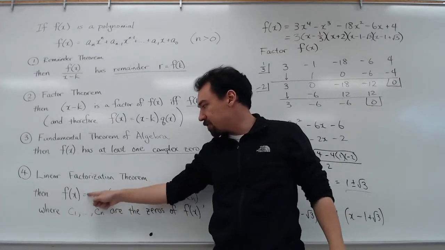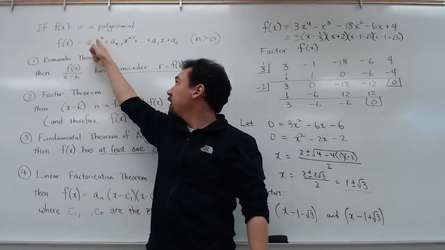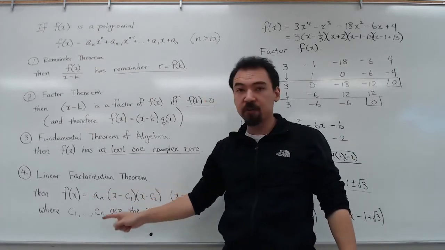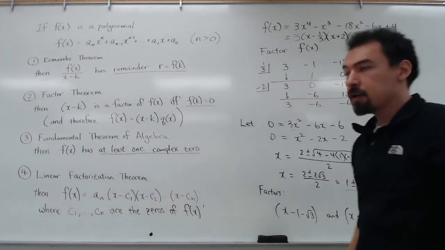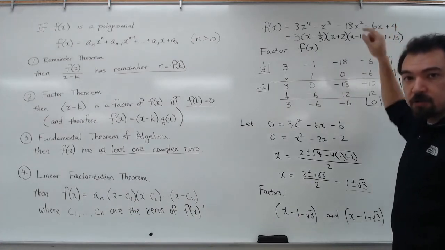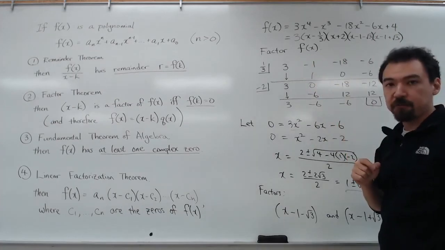This is the a sub n. That says in the original polynomial function, if you have an a sub n leading coefficient, then you have to have that leading coefficient out here too. This will properly expand out to the original polynomial. And we have fulfilled our goal to factor f of x.